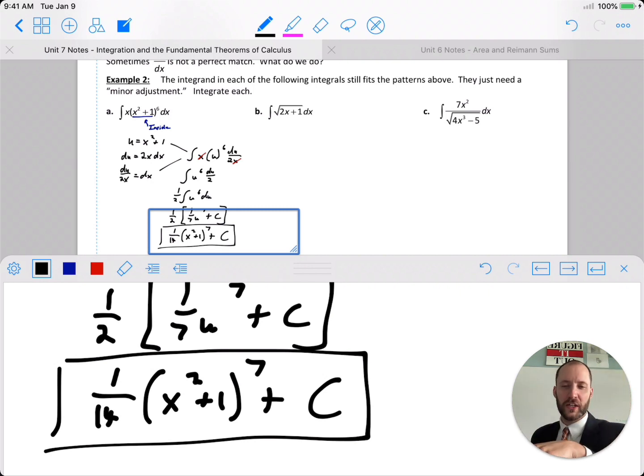If you distribute the 1/2, solve for c, let's say you get 8. If you didn't distribute, c would then be 16. Nope, switch that around. If you distribute the 1/2, c would be 16. If you don't, c would just be 8, 1/2 of 16.